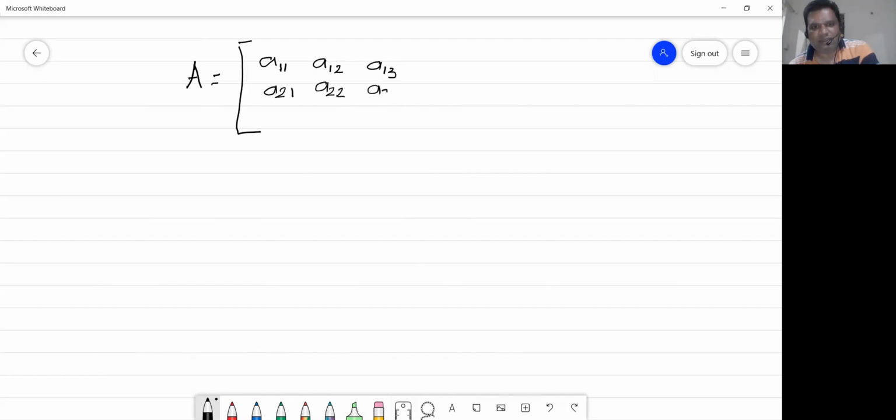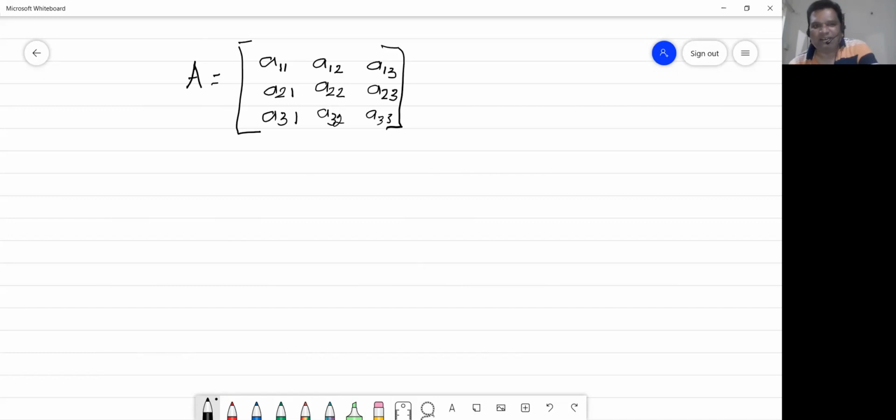A, second row, third column. Then A, third row, first column. A, third row, second column. A, third row, third column. This is the matrix. Now, I am restricting myself to the 3 by 3 matrix.